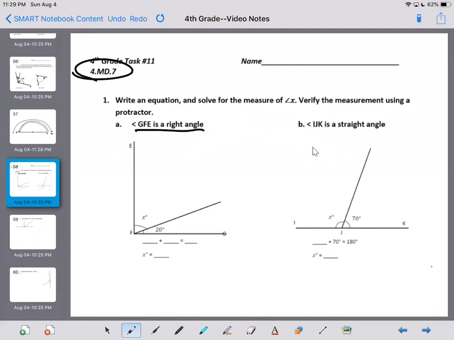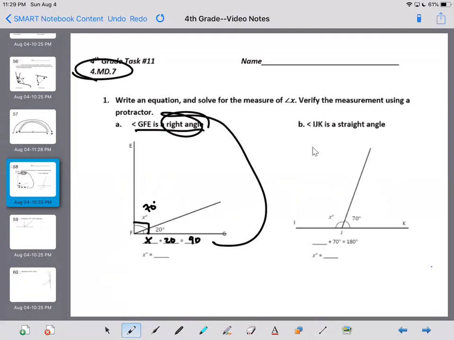So if we know this is a right angle, then that means, well, what does that mean? We know that one angle I don't know. One angle is 20, and the sum is 90 because I was told it was a right angle. So this X would have to be 70. So we're composing angle X and 20 to give us the 90 degrees.